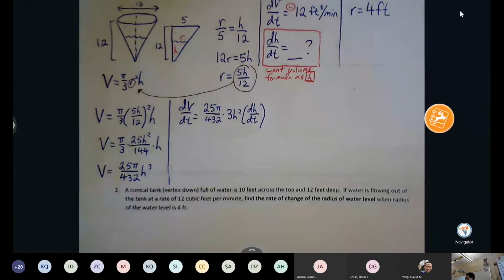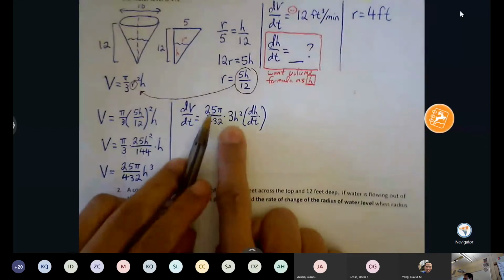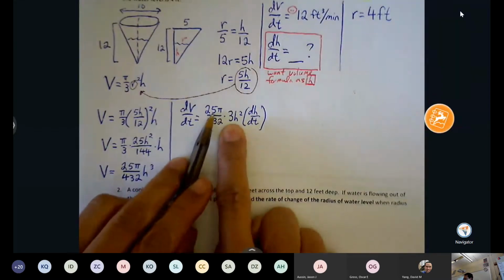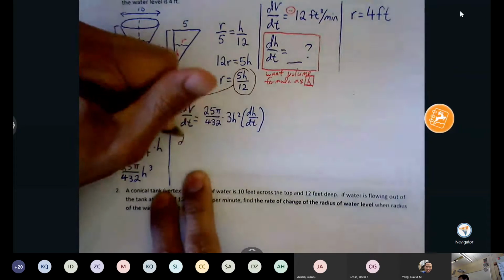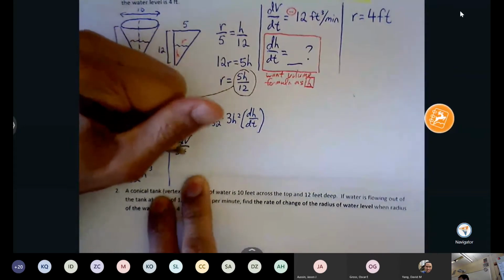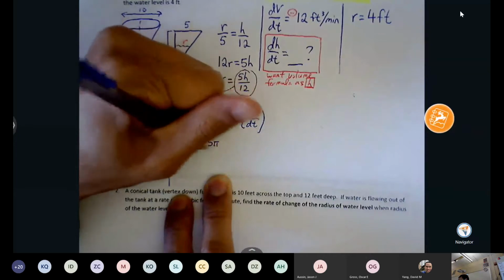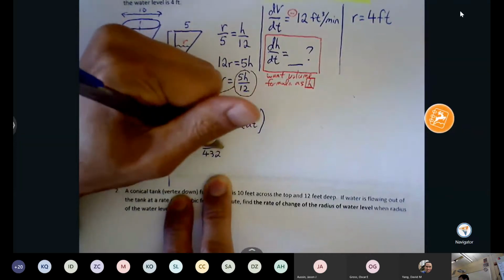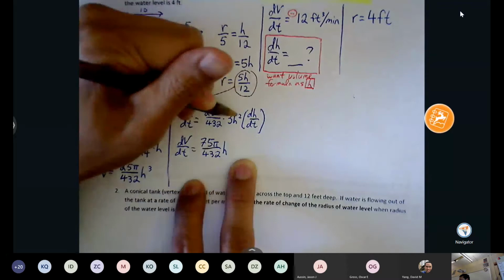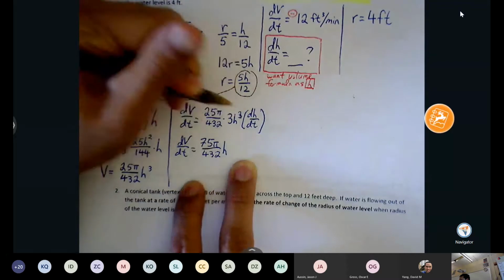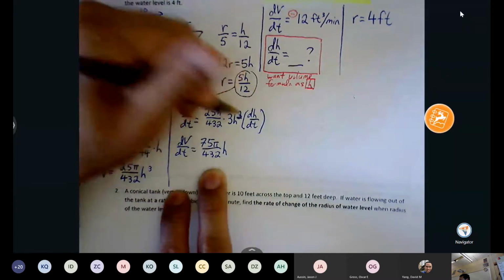So technically I can start plugging in, but I'm going to do a little bit more cleanup there. I'm going to put the 25 and the 3 together. Oh, this should be cubed. Oh, sorry, squared.